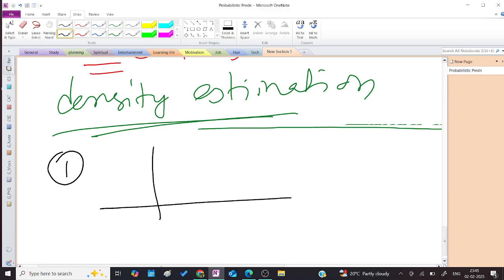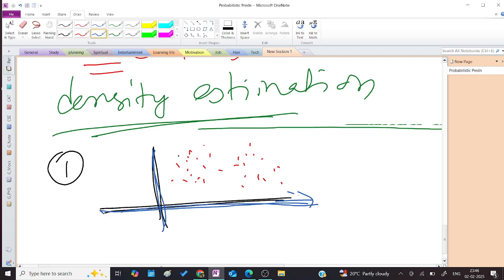What I mean by that is, suppose there are some points, and since it is not labeled, see, if the data is labeled, then we have only limited information about the feature which we are trying to predict.